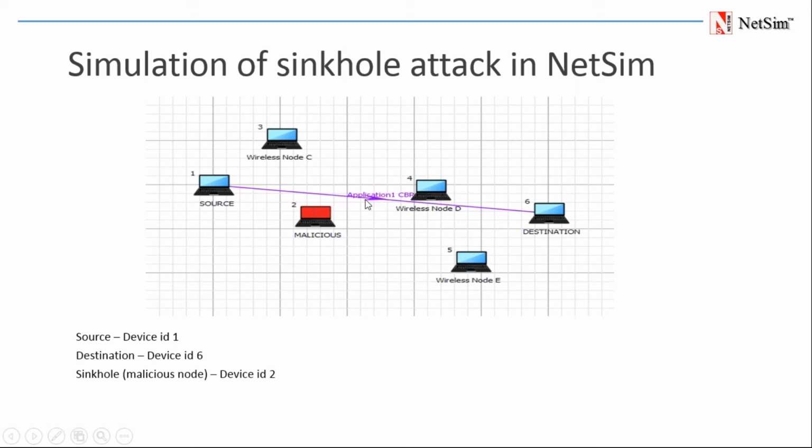So node 1 is sending traffic to node 6, which is our actual destination, but this second node, which is malicious, sends false information or a route reply to node 1 so as to pretend itself to be the actual destination, and it receives all the traffic from source 1. So rather than sending the packet from 1 to 6, it sends all the traffic from 1 to the second node. So this is called a sinkhole attack in MANET.